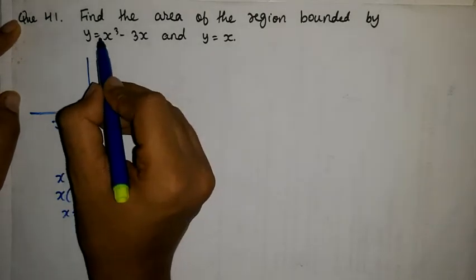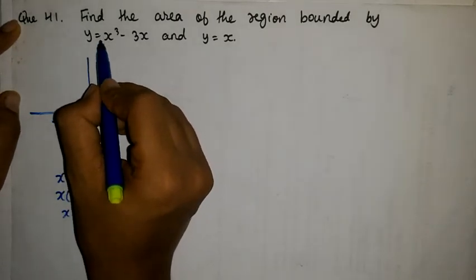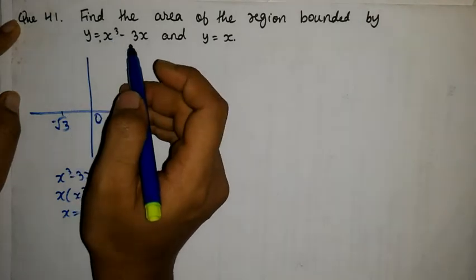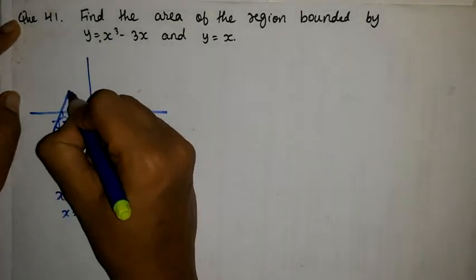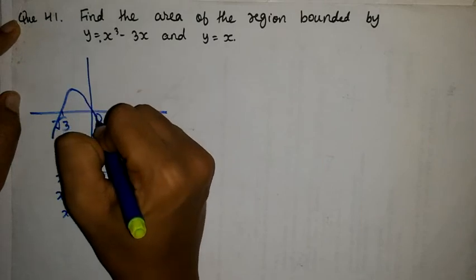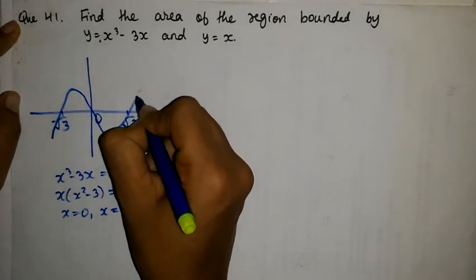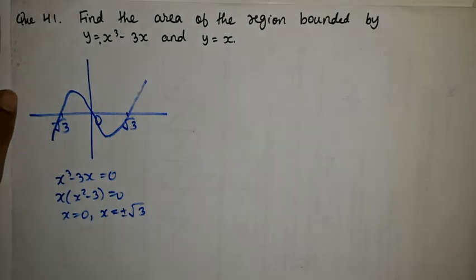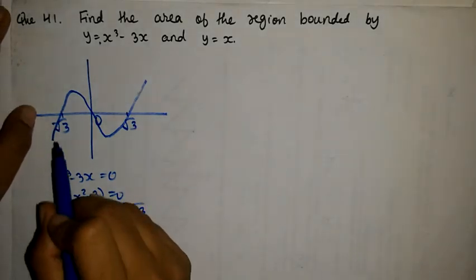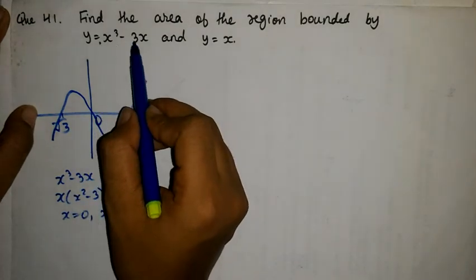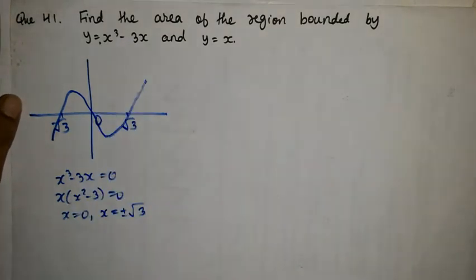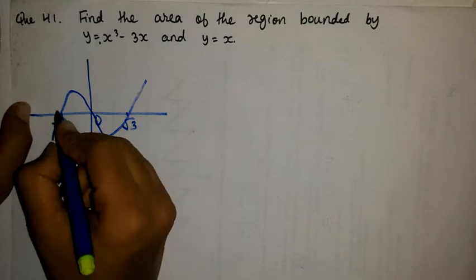Now we can see the coefficient before x cube is positive, and whenever it's positive, its graph is somewhat like this. And if you have doubt how I have drawn this, you can put in values and check. How can you check this will be positive?